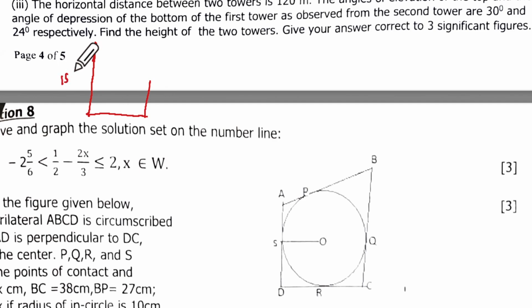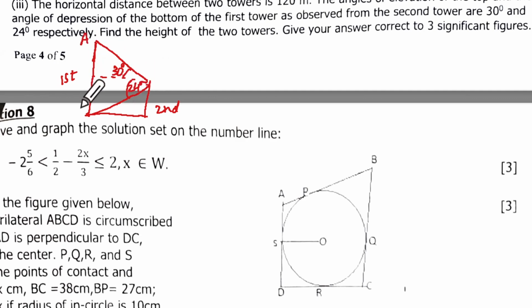This is the first tower, this is the second tower. This is the angle of elevation and this is the angle of depression. They are 30 and 24. So this is your 30 degrees, this is your 24 degrees.